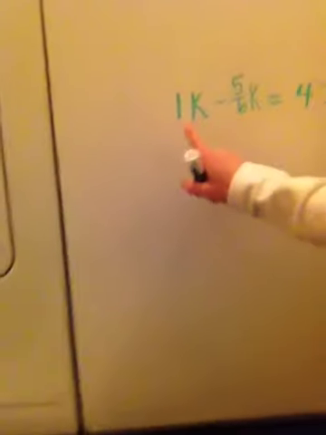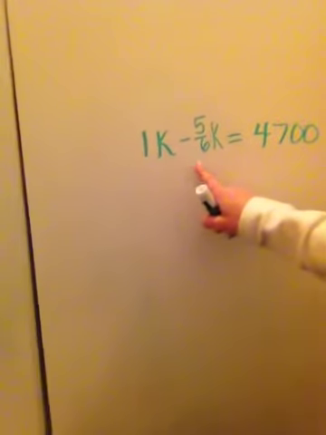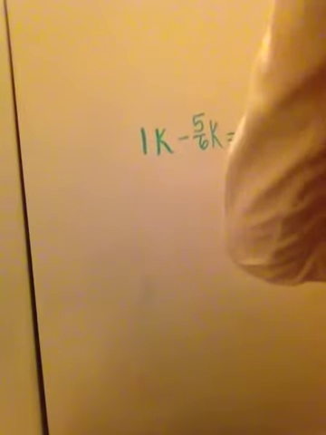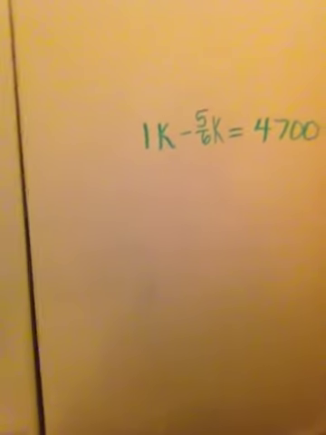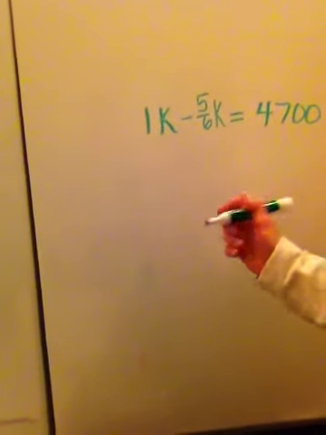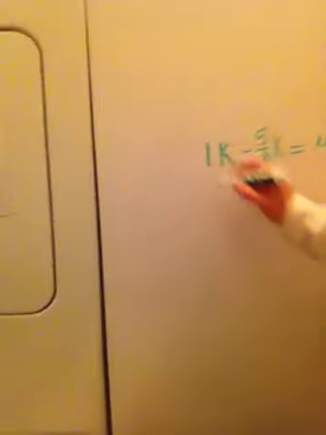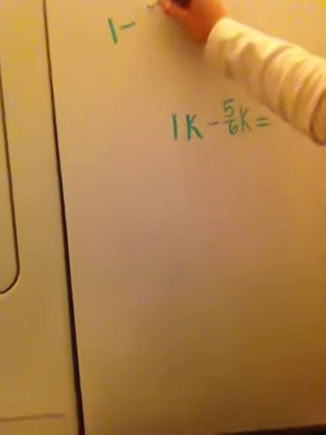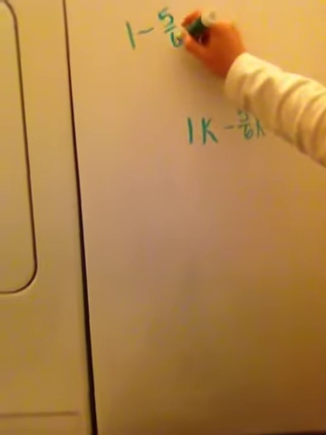Same thing here. I have 1k. I'm taking away 5/6k. So how much do I have left? If you can visualize fractions pretty easily, then you probably already know that it's going to be 1/6. If you can't, then I would do a side problem. So I've got 1 minus 5/6, essentially.